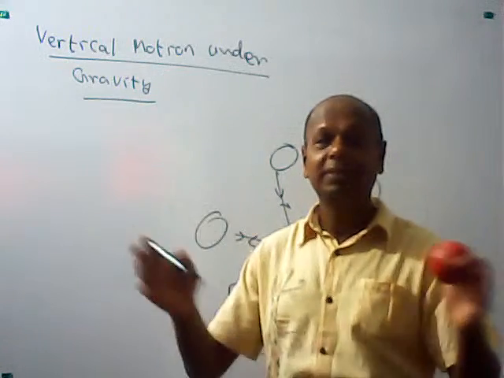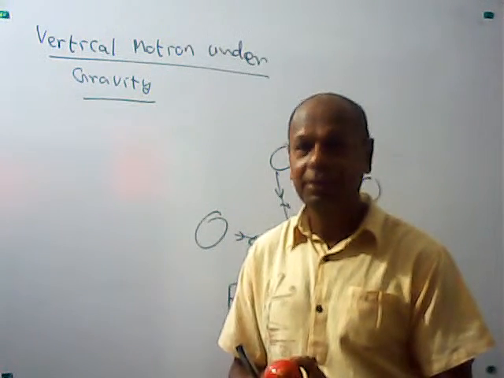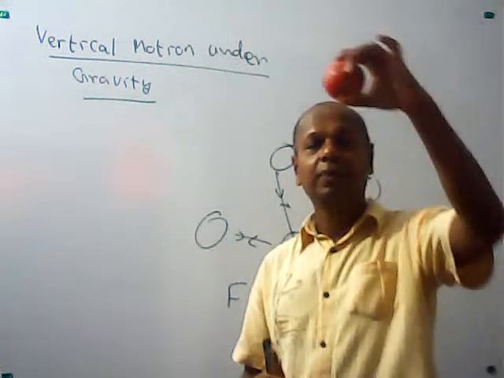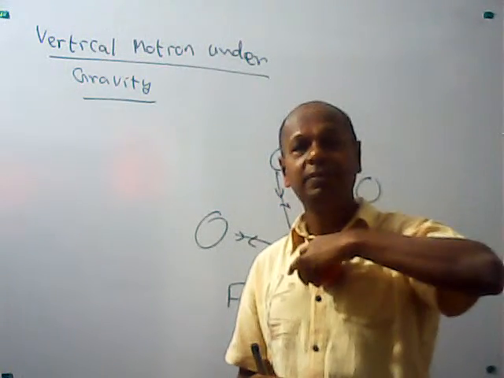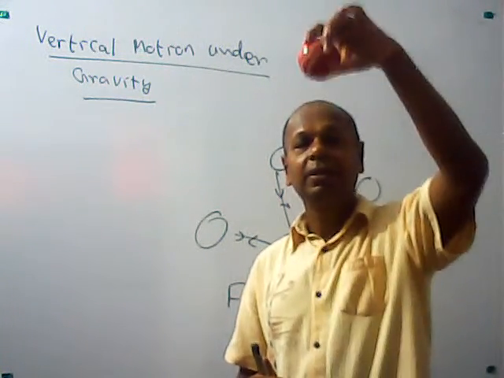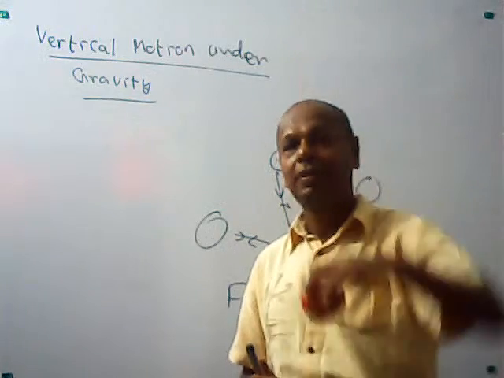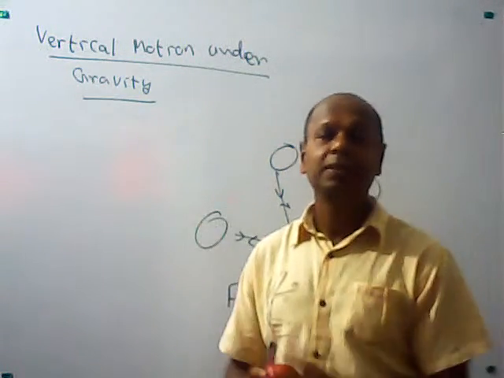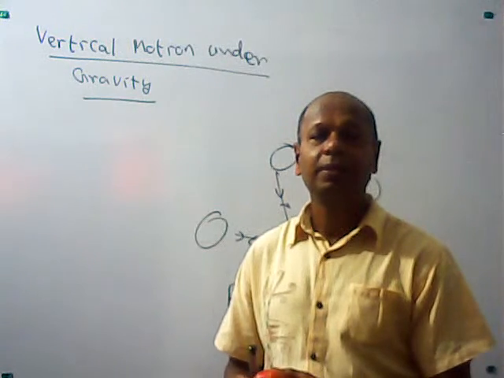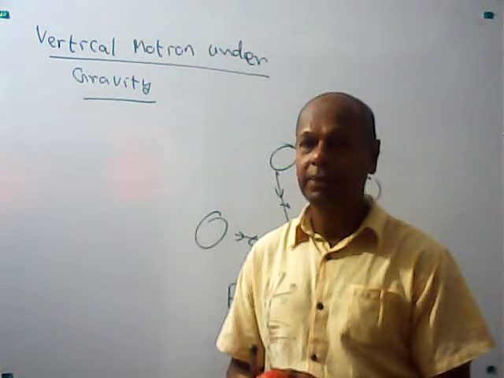So the attraction of this ball towards me is really negligible compared to the force towards the center of the earth, because the earth's mass is very much bigger than mine.